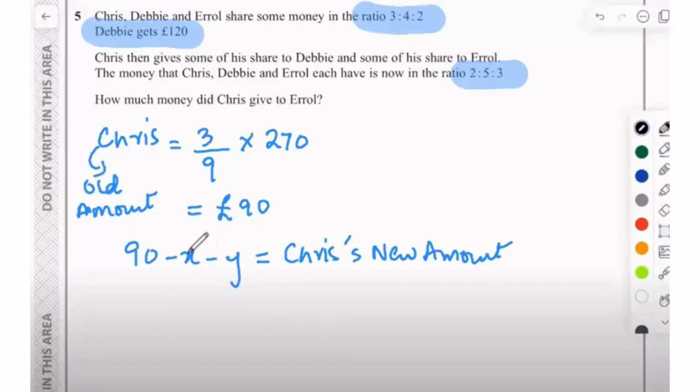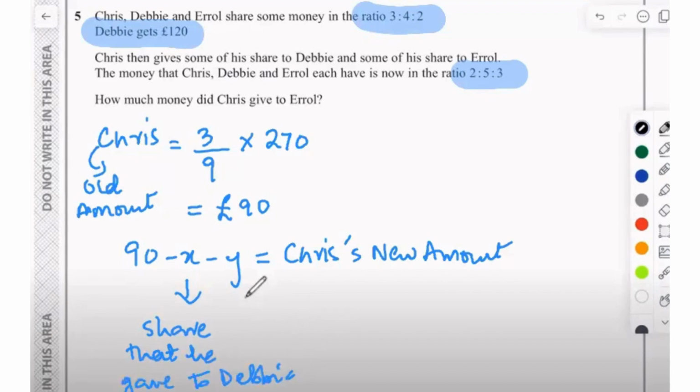So I'm going to assume that x is the share that he gave to Debbie, and y is the share that he gave to Errol.